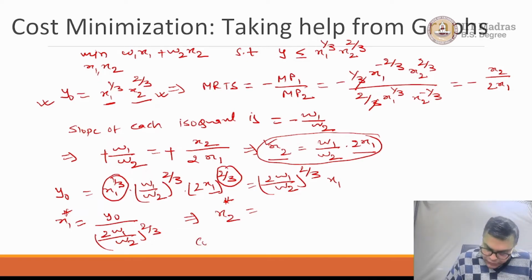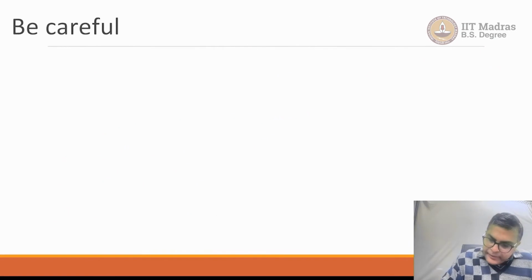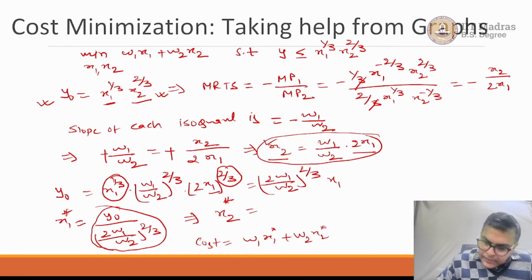And cost is of course going to be W1 x1 star plus W2 x2 star. So, when we write x1 star, it is a function of W1, W2, Y. It's of course for y naught.